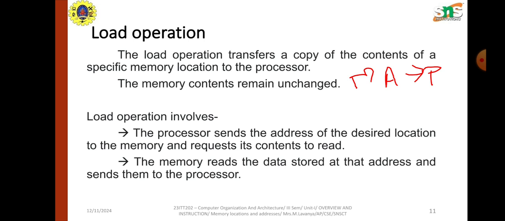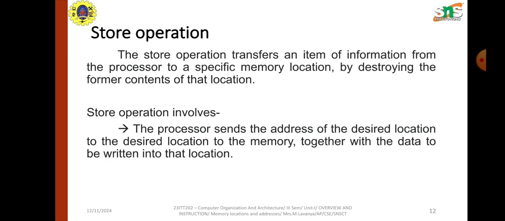The load operation involves two steps. The processor sends the address which we need to the memory as a read request. After that, whenever the data is available, the memory reads the data from that address and sends it to the processor. These are the two steps involved in the load operation.